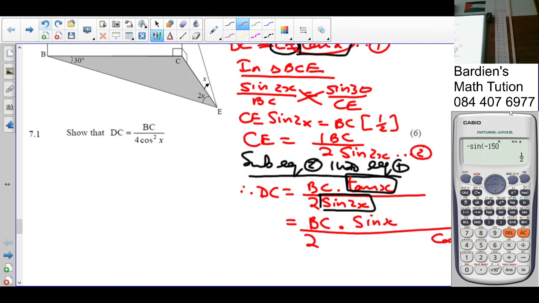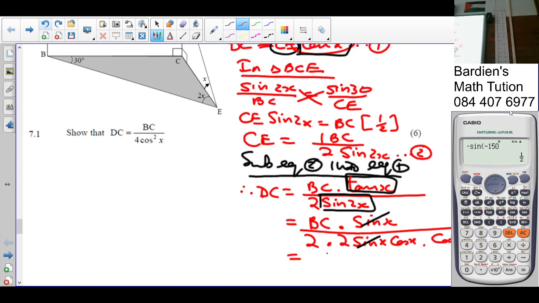Then you've got the 2, and sine 2x can be written as 2 sine x cos x. So what happens now is that sine x cancels sine x.